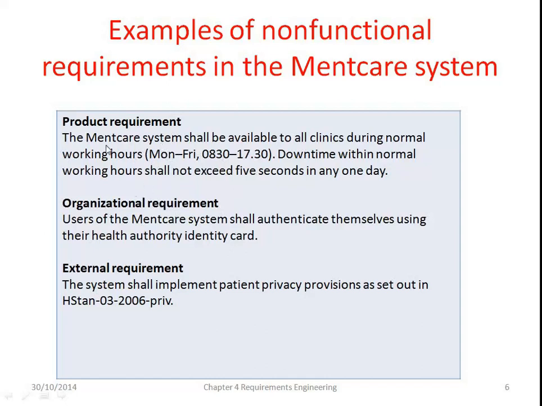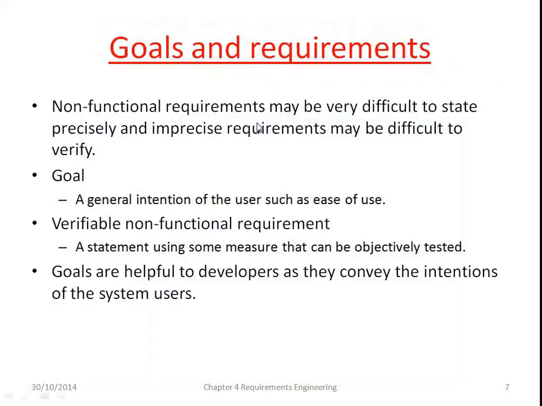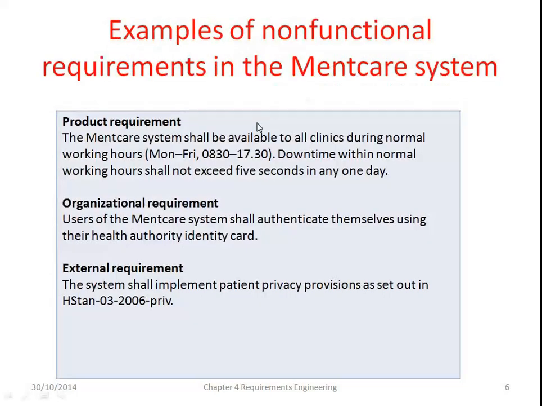For the MentCare system product requirement: the system shall be available in all clinics during normal working days, Monday to Friday, so and so time. Availability is one property. The downtime within normal working hours shall not exceed 5 seconds in any one day. This is the product requirement related to the software.